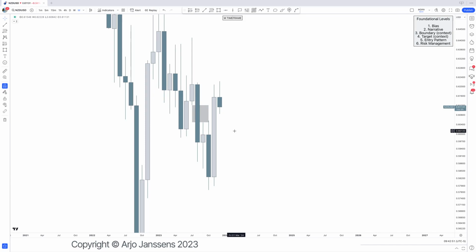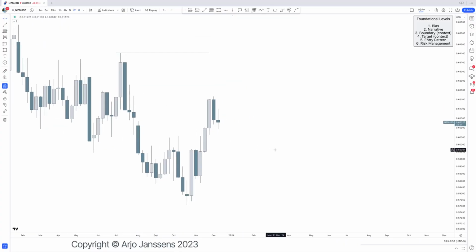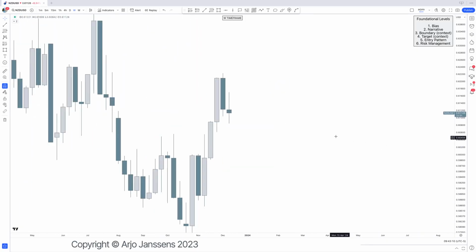But if we now want to continue higher, then where are we likely continuing higher from? Well, we don't have a monthly fair value gap just yet, so there's nothing really to work with. All right, there we have a primary in the form of that swing high, quite far away currently. So let's see if we can find one lower. On the weekly, we can see that we have this weekly fair value gap right there, which we could continue higher from.